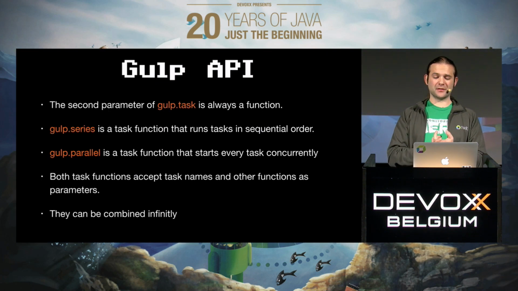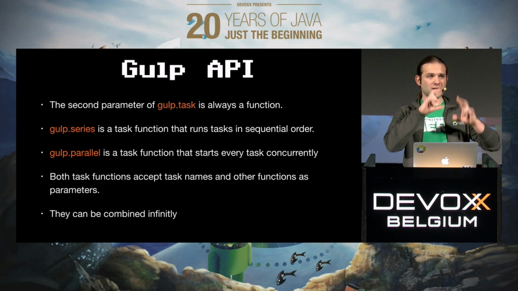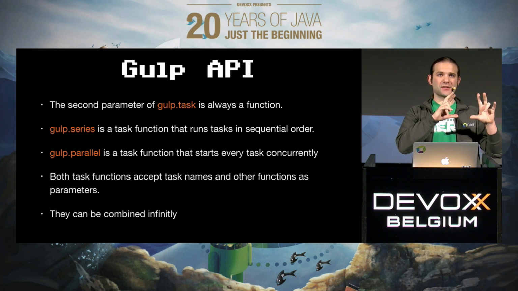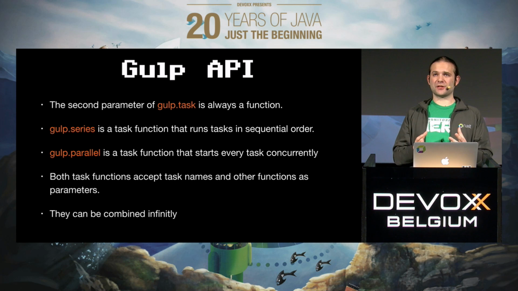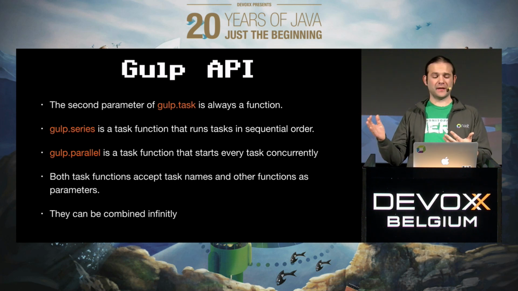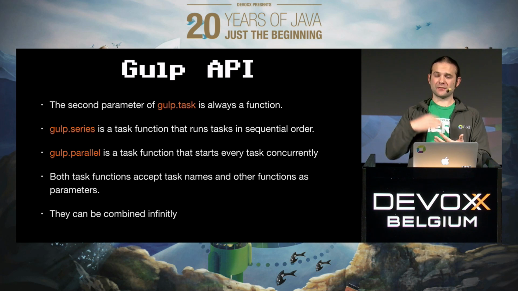So the second parameter of Gulp task is always a function, one function. And it can take either a real function, as we have seen in those tasks that we've created earlier, like Gulp styles, Gulp scripts, Gulp lint, or a task function like Gulp series or Gulp parallel. And Gulp series runs it in sequential order, and Gulp parallel runs it concurrently. And both task functions accept task names and other functions as parameters.